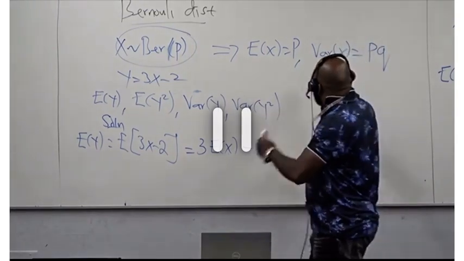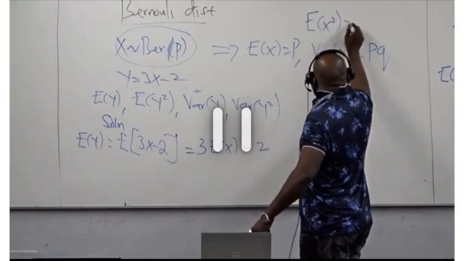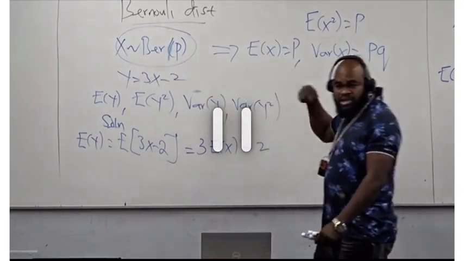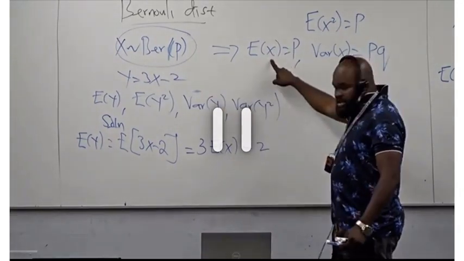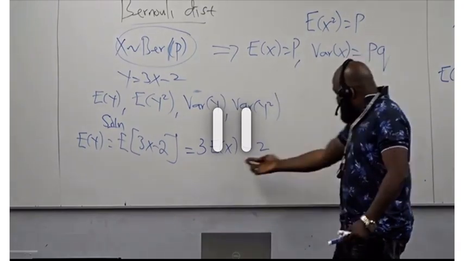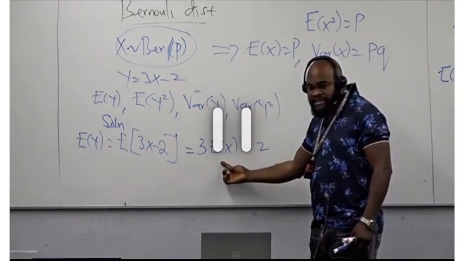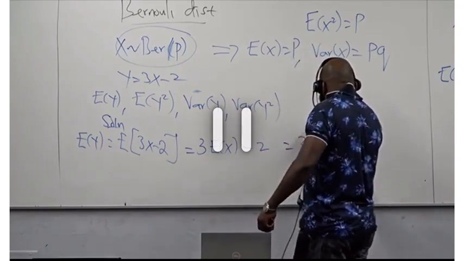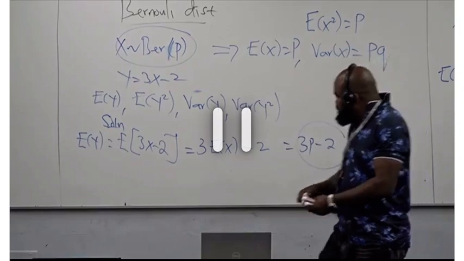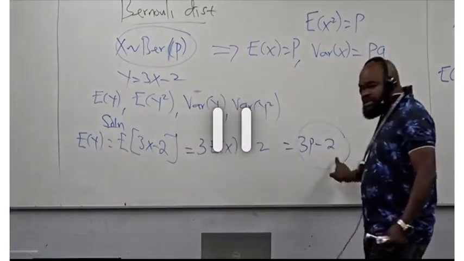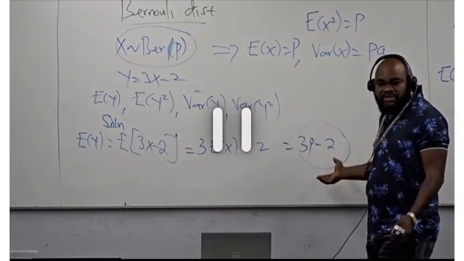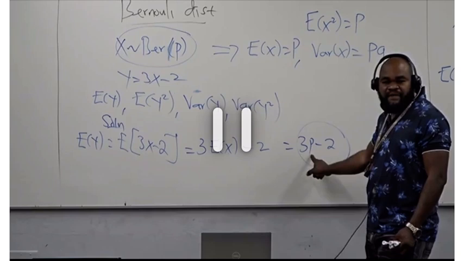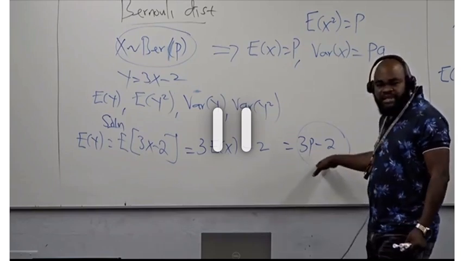So I plug in the expectation of x, which is p. So I have 3p minus 2. I'm done, which means the expectation of y is 3p minus 2. Whatever value they give us for p, you plug that in. And if you're not given any value for p, your answer is going to be in terms of p.